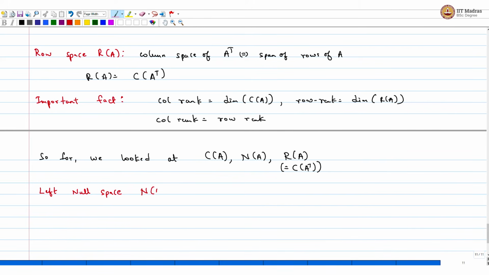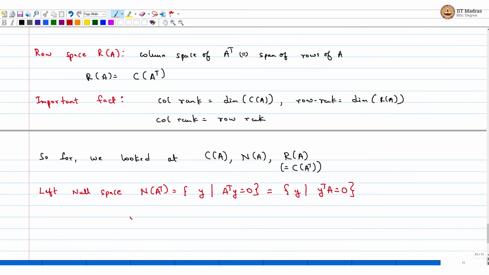Which is the null space of A transpose. By definition, it is the set of all y's such that A transpose y equals 0, or equivalently the set of all y such that y transpose A equals 0.